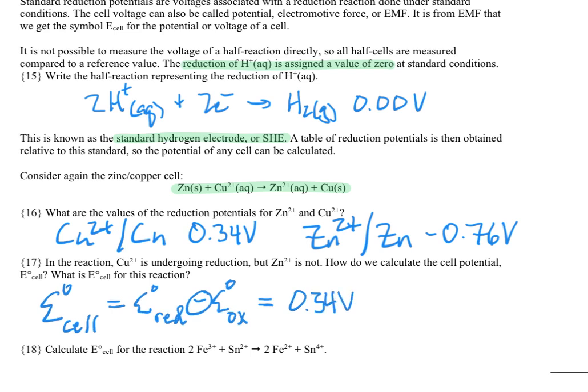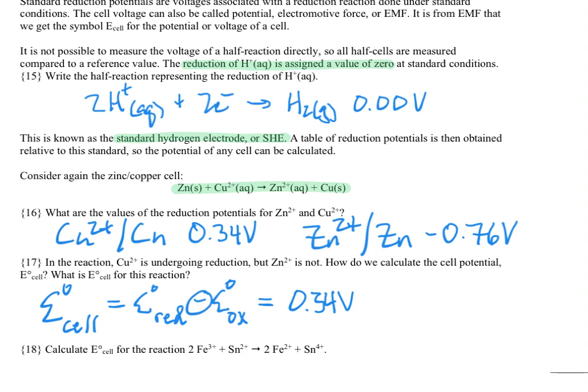Now, my oxidation is zinc to zinc 2, but I have, of course, here the reduction from zinc 2 to zinc. So in order then to figure out what the cell potential is for the oxidation, I need to flip the sign and add the potentials together. Or the way I wrote it here, take the opposite of the reduction for that oxidation.